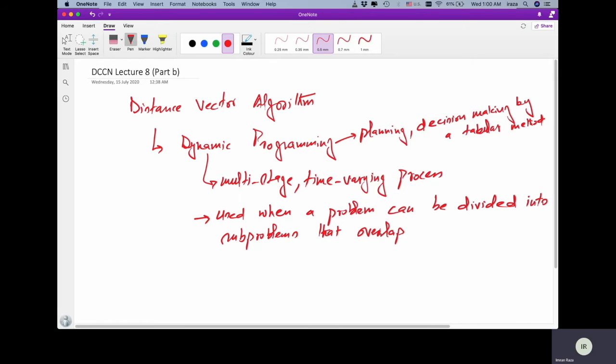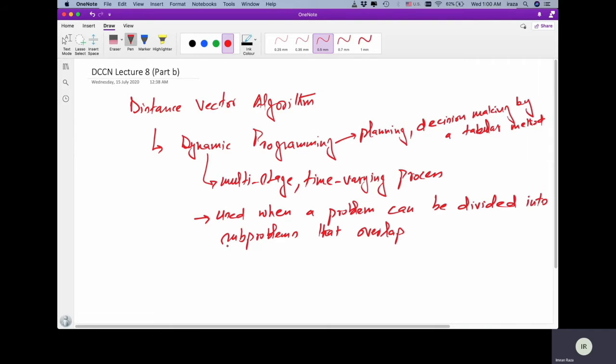We can solve each of these subproblems once, and then store its solution, say in a table. And if the subproblem is encountered again, we can simply look up its solution in the table.